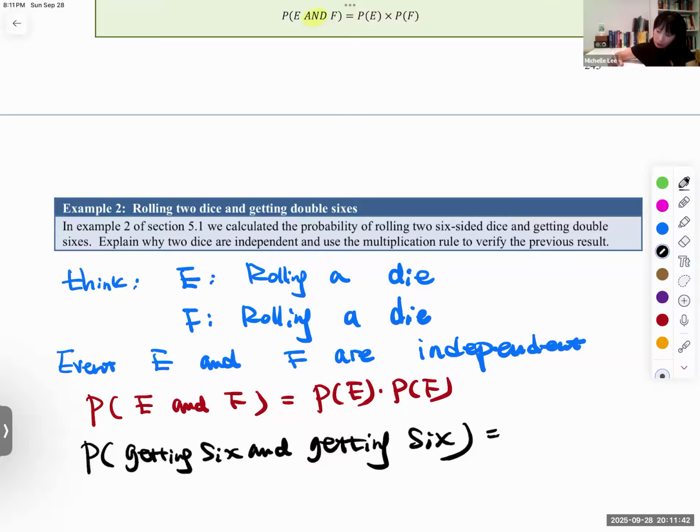There will be the probability of getting 6 times the probability of getting 6 again, right?